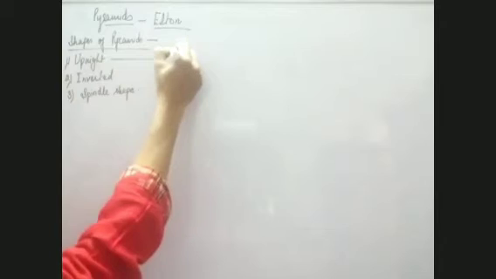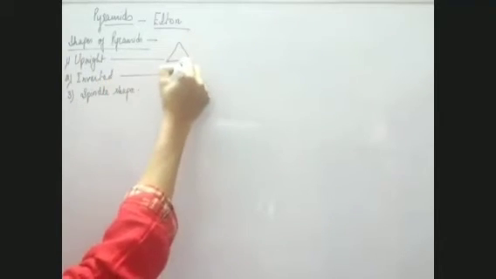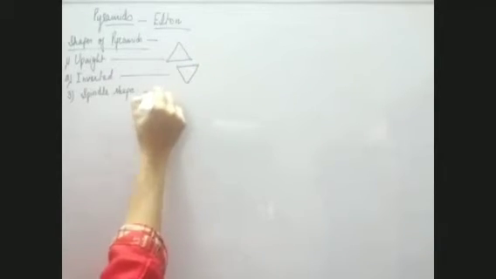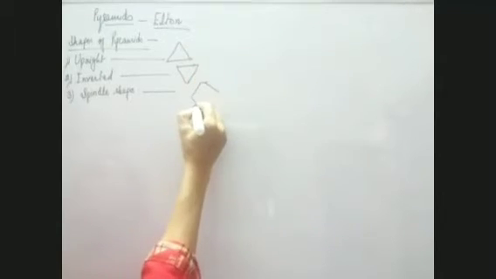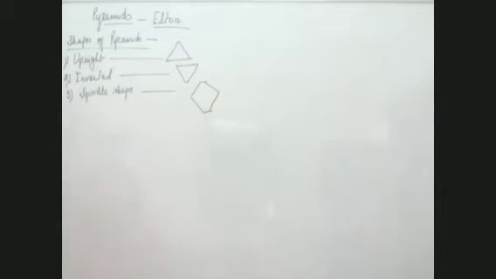The upright pyramid appears like this, the inverted pyramid appears like this, and the spindle shaped appears almost like this. So these are the three shapes of pyramids, and now we will study the types of pyramids.